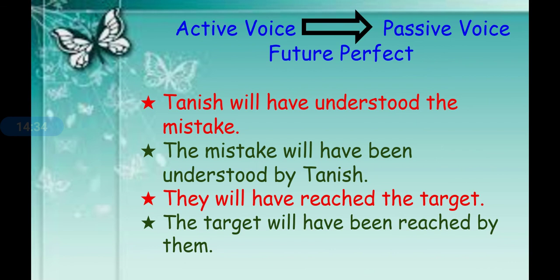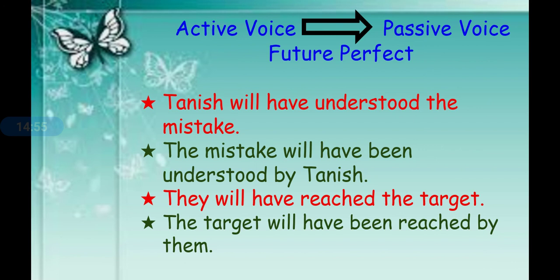Now, let us see how to convert active voice into passive voice when a sentence is there in future perfect tense. Tanish will have understood the mistake. Here, Tanish is the subject and the mistake is the object. So, the mistake will become subject of the passive voice.